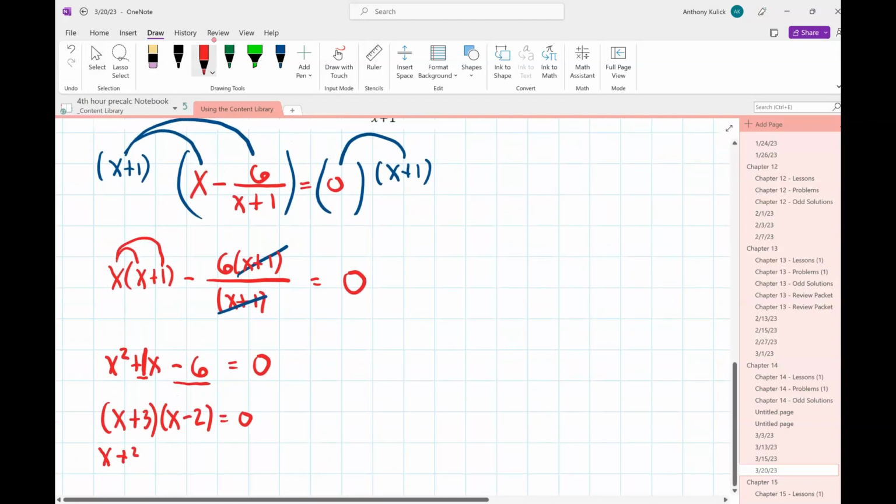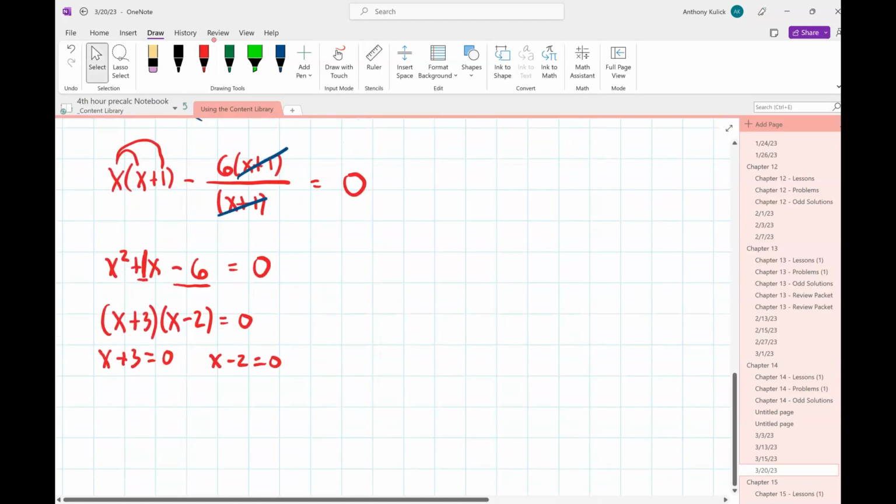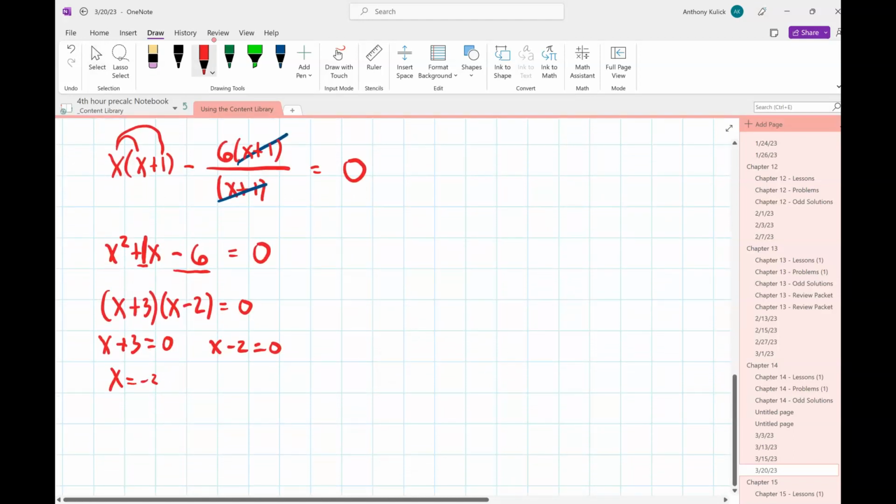So we can set each of those factors now equal to 0 and solve. Everybody's okay there? What do we still need to do, though?